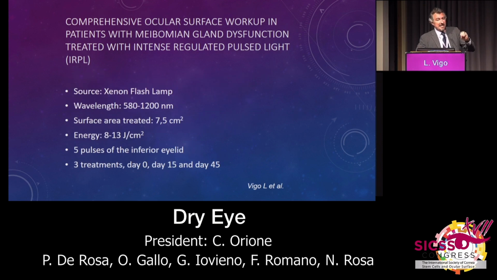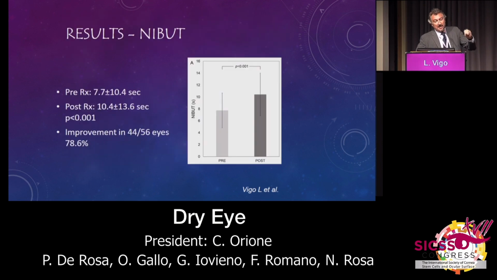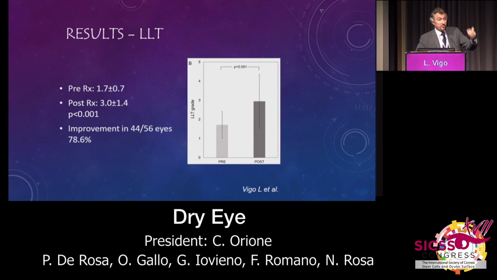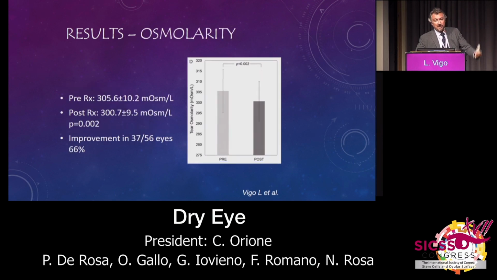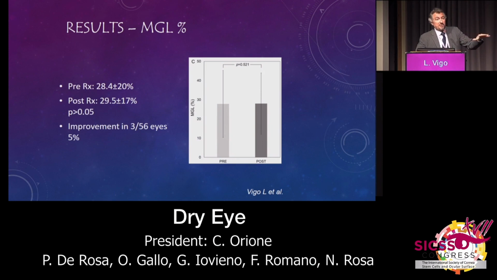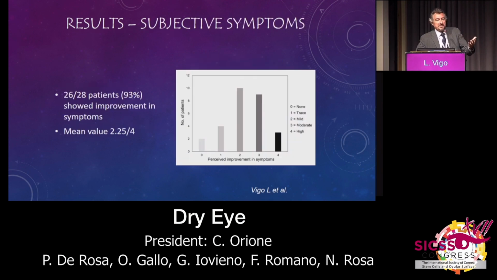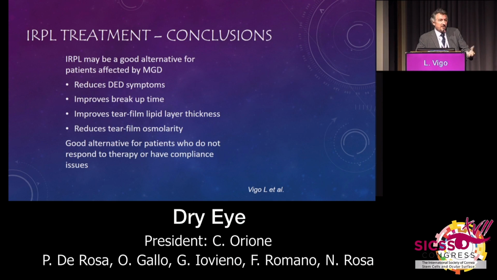And here we have proven the efficacy of our method in increasing the NIBUT value, and also the lipid layer statistically significantly, and maintaining the same percentage of functioning glands, and reducing the symptoms.